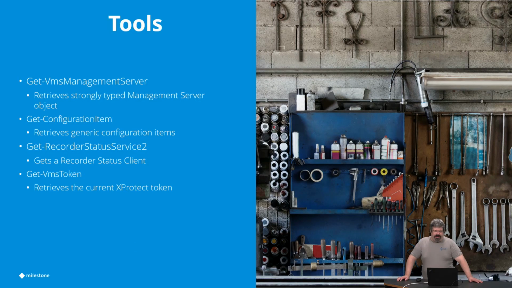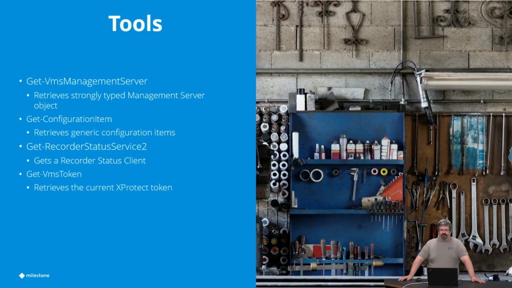So, tools that are available. If you run Get-VmsManagementServer, you can get a strongly typed management server object that you can interact with. I'll demonstrate that in a little moment. There's Get-ConfigurationItem, which gets a generic configuration item instead of the strongly typed version.